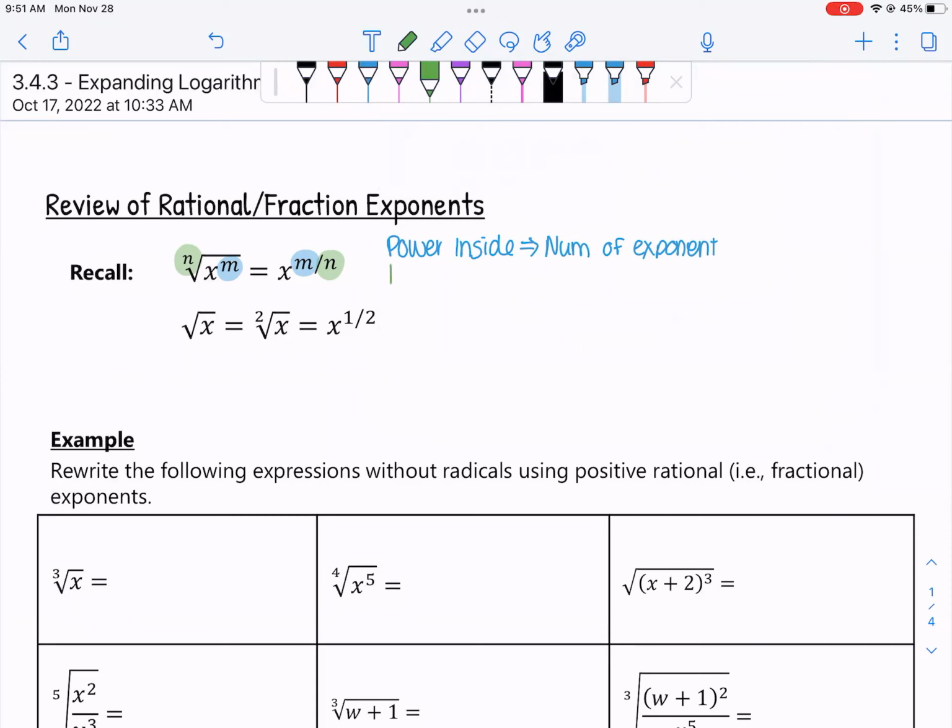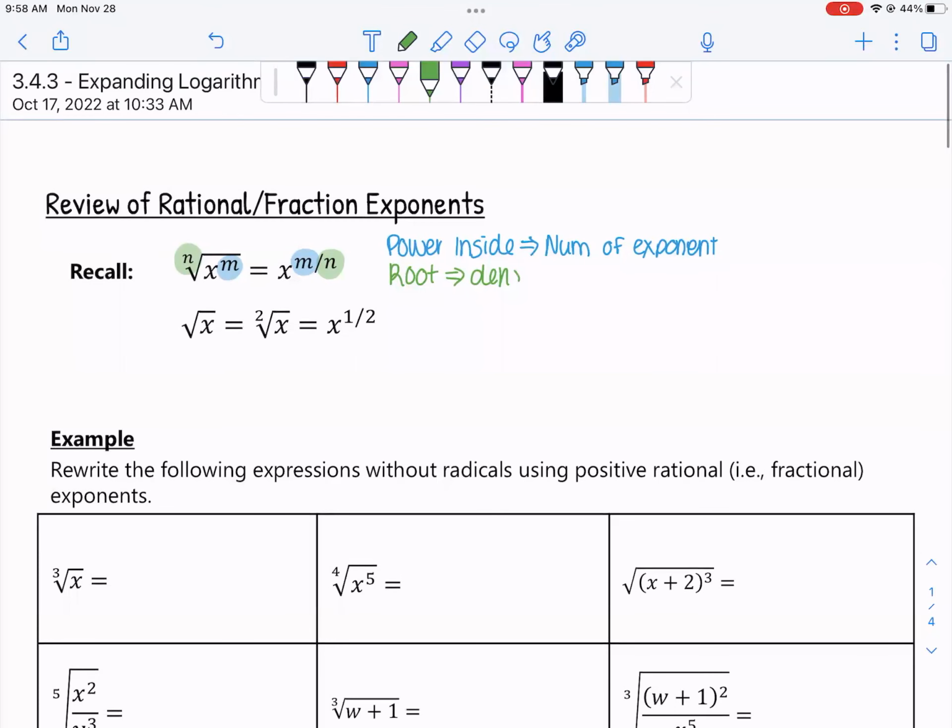And then the root becomes the denominator. I just got a phone call, got interrupted in the middle of a word. All right. The power is the numerator of the exponent. The root is the denominator.